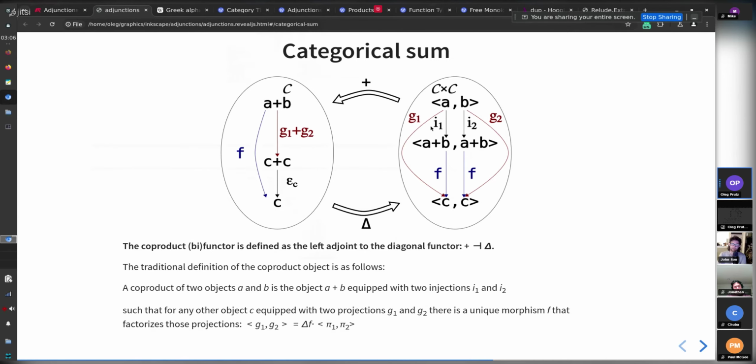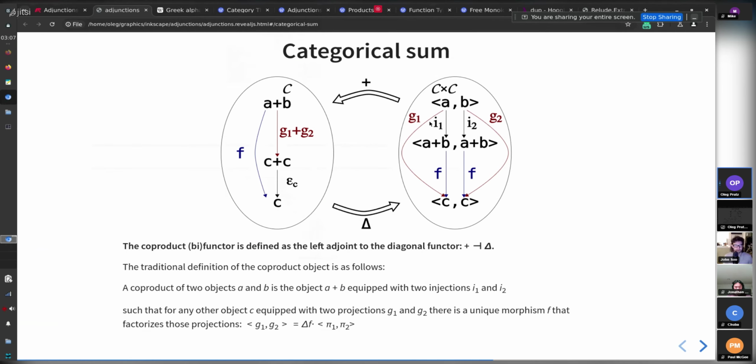And among all such objects, we need to select the best object according to some ranking, namely that those other injections can be factorized through a unique morphism F.